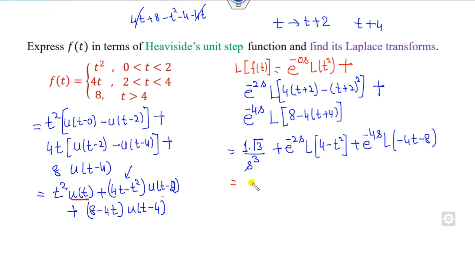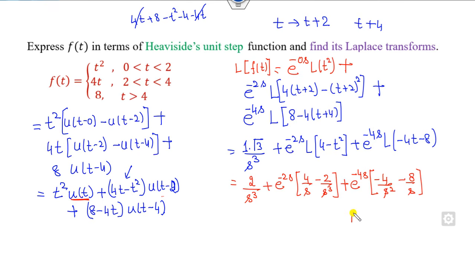Now what is the answer of this? Gamma function of 3 is 2, e raised to power minus 2s, 4 over s is 2 over s cube, plus e raised to power minus 4s. Laplace of small t will be 1 over s square, and 8 will be 8 over s. This is the right answer of this problem.